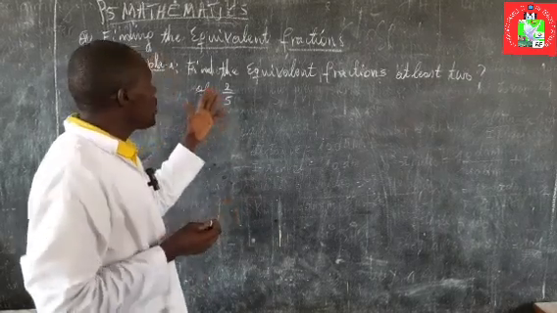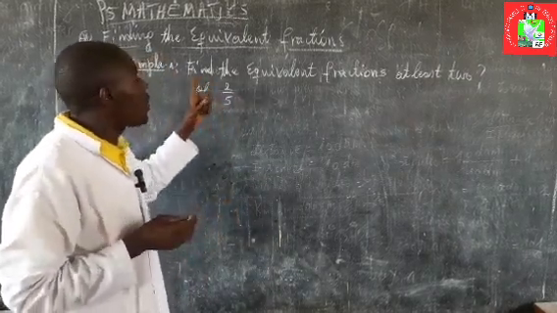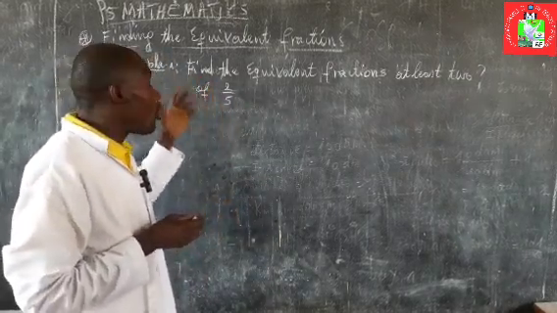What are the two equivalent fractions of 2 over 5?